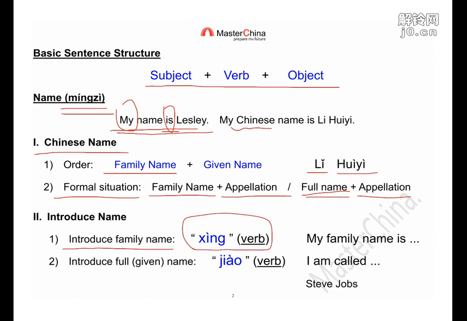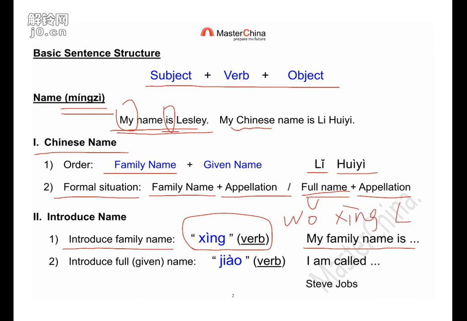This verb is only for introducing your family name. So I will say, my family name is Li, I will use 我姓李. Li is my family name. So see, when you introduce your family name, please only use this specific verb.